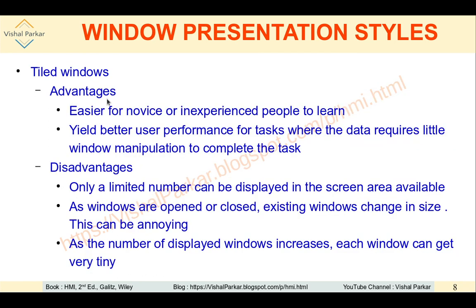The advantage is that when different windows are arranged in a tiled fashion, they are easier for novice or inexperienced people to learn different things. So they can open one application window and one help window and operate on the application. They also yield better user performance for tasks where the data requires little window manipulation to complete the task.